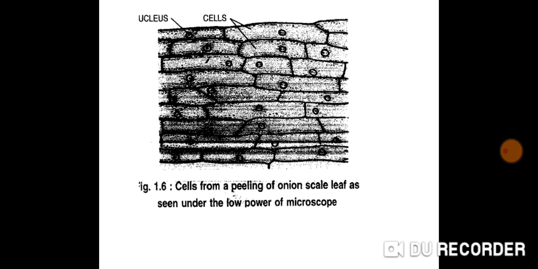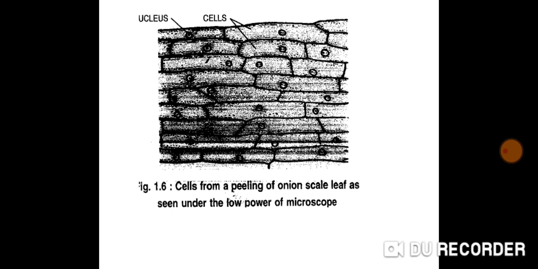Now add a drop of any colored solution that we find in a small laboratory like eosin or crystal violet, and cover this material with an even thinner glass slip called the cover slip, and focus it under the compound microscope, which usually a biology lab has in every school and college. So when we focus, we observe as shown in the diagram.